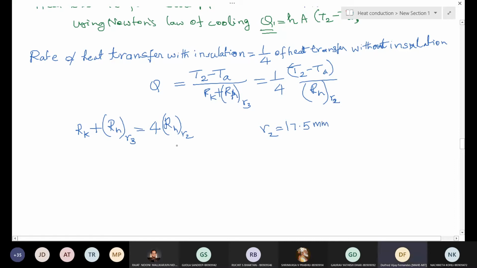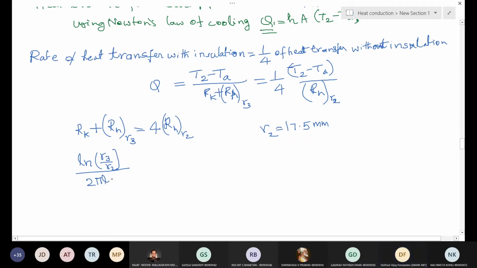Now we have an equation. If you substitute for RK, you know this is a cylindrical wall. So RK is nothing but ln R3 by R2 divided by 2 pi length. We will take unit length, or if you keep it also, no problem because it will cancel out.